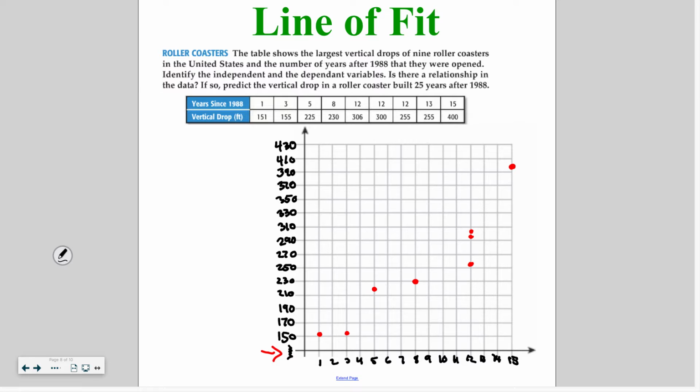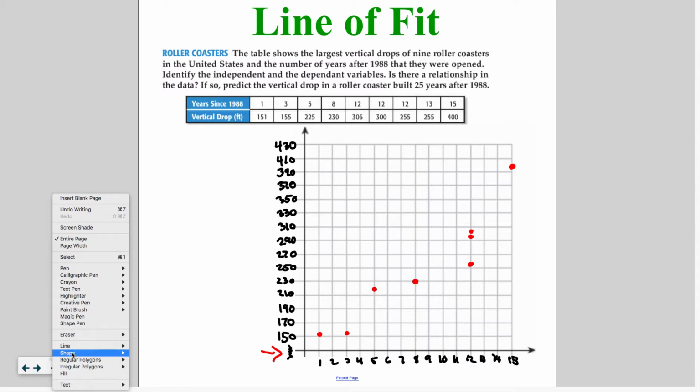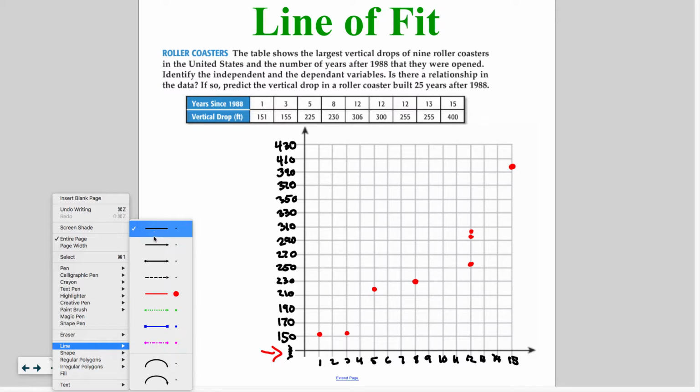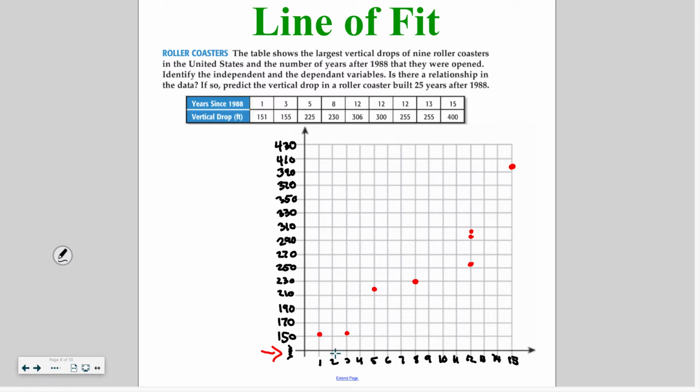Our next step is to draw in a line so that we can predict our general trend. Again, we want it to go roughly through the center of all of our data points. So I'm going to start here and go roughly through the center of all of my data points.